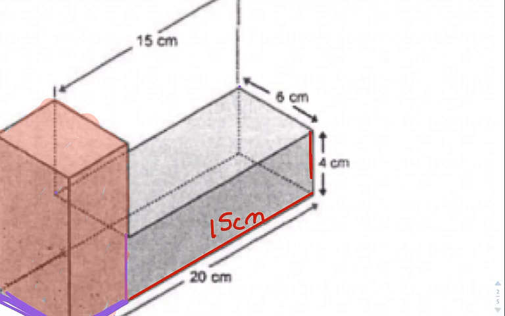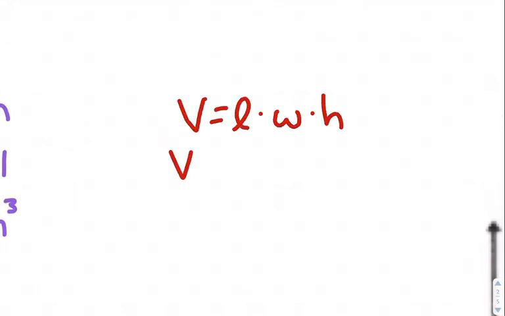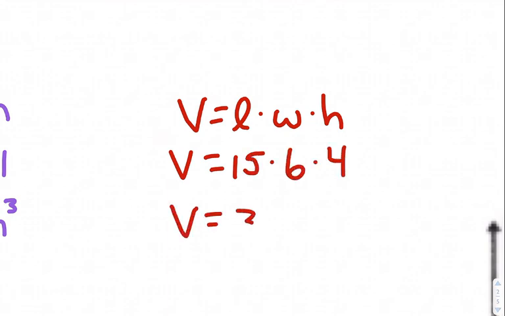It gives me a height of 4 and a width of 6. So 15 times 6 times 4 is my other volume. Same formula, and that's a volume of 360 centimeters cubed.